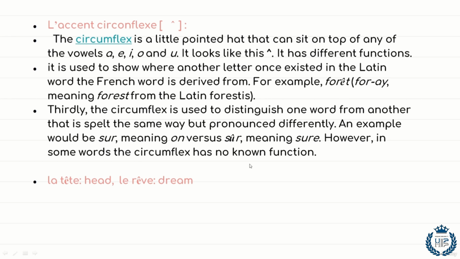With accents, you will see that it is used a lot to distinguish words, because some words are spelled the same way, and to differentiate them we use the accents, as in sur and sûr, which mean on and sure. It doesn't really have a distinct difference, even with the pronunciation, but in writing and with context, it is easier to understand. The other examples will be la tête, which means head, le rêve, which means dream.